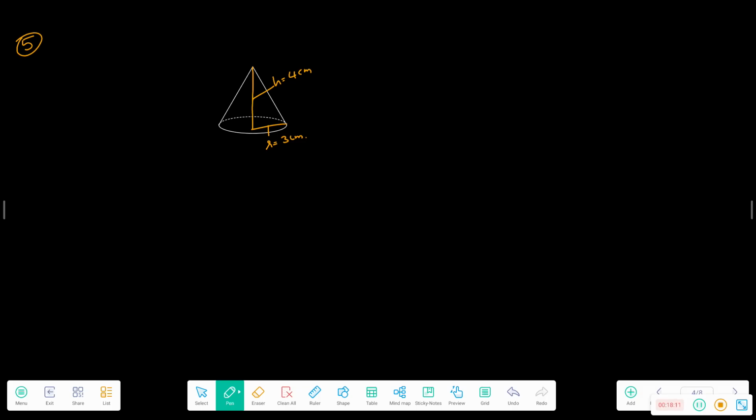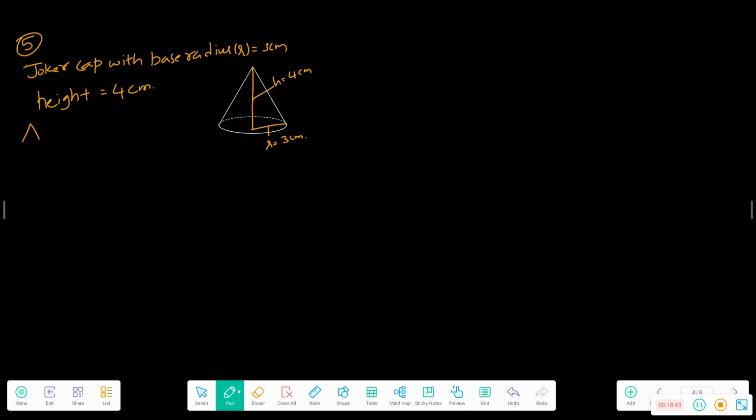For that, let us write whatever they have given: a joker cap with base radius r equal to 3 centimeter and height is given as 4 centimeter.